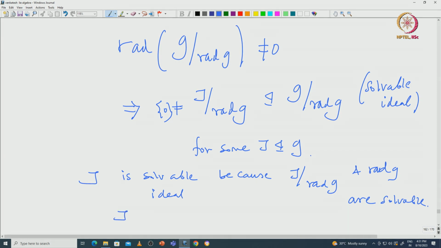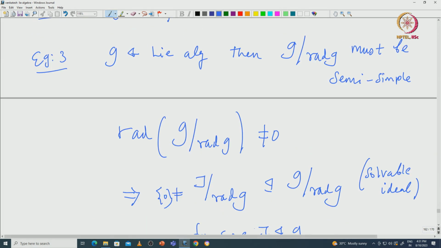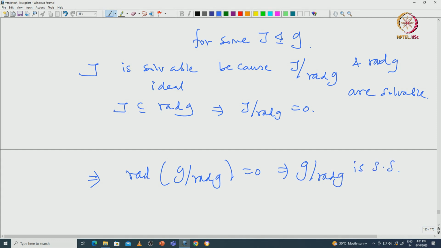That means J must be contained in the radical G. So, that will imply J modulo radical G must be 0. So, this proves that the radical of G modulo radical G is 0. So, that implies G modulo radical G is semi-simple.